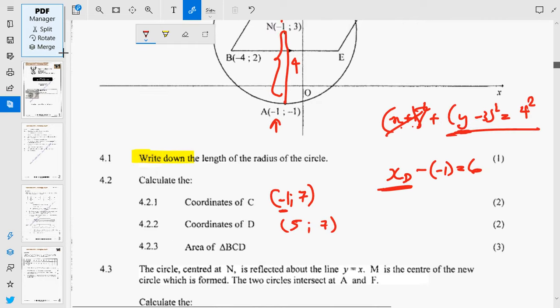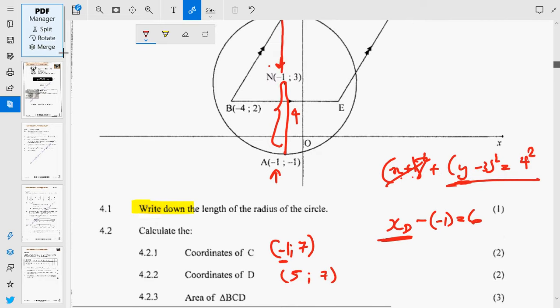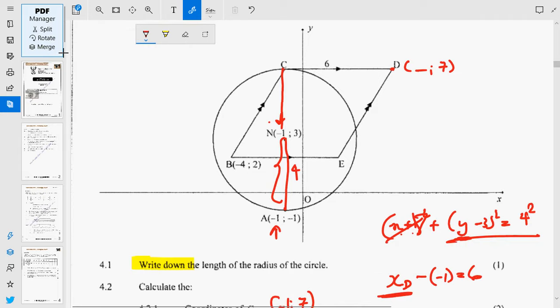Now the next question asks us to calculate the area of BCD. Now remember, at the beginning of the question they told us that CDEB is a parallelogram. And you can see that BCD is just half of that parallelogram.